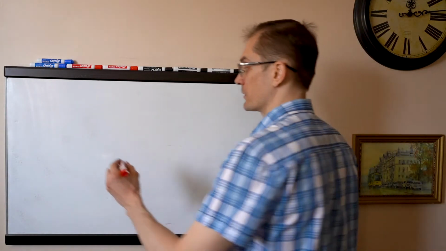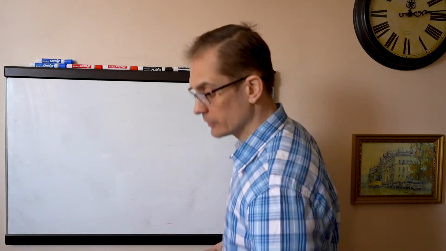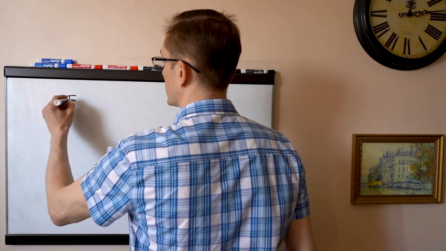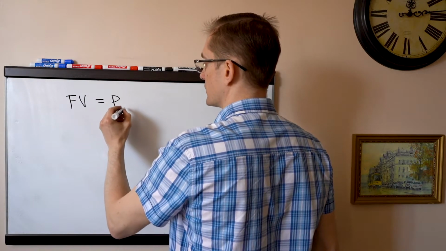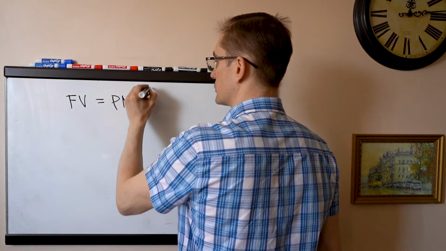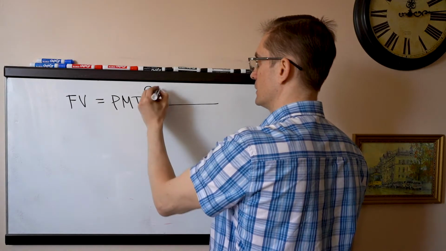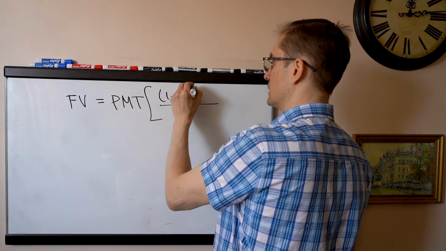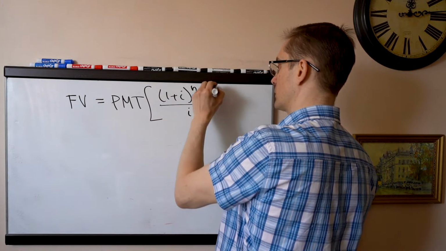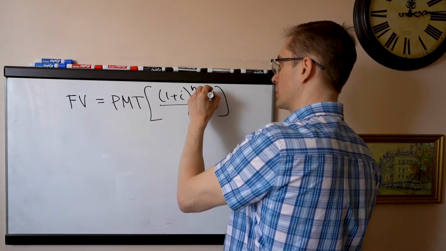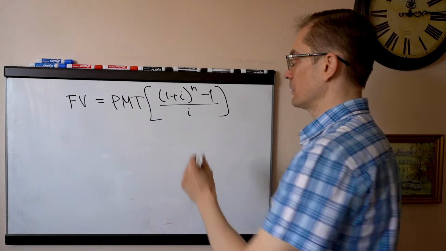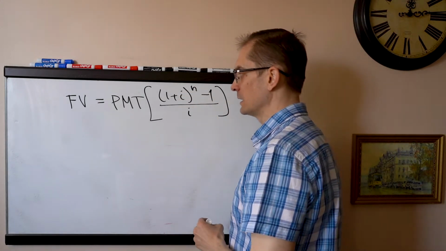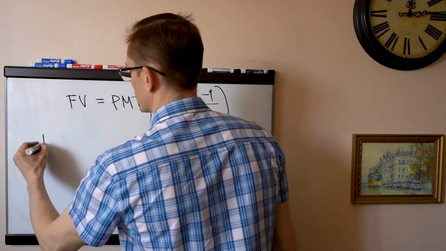So let's start with the future value formula for an annuity. For the future value of an ordinary simple annuity, that will be PMT times ((1 plus i) to the n minus 1) divided by i, right? Now if you want to isolate that n, you will need to do some algebra.